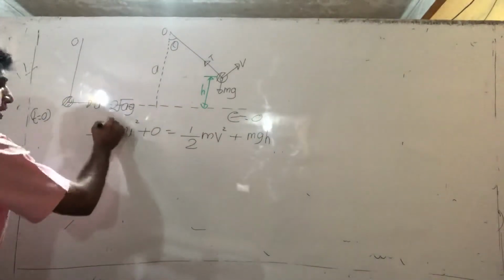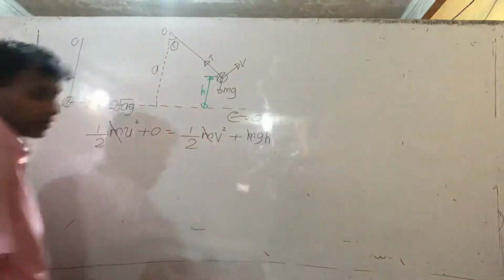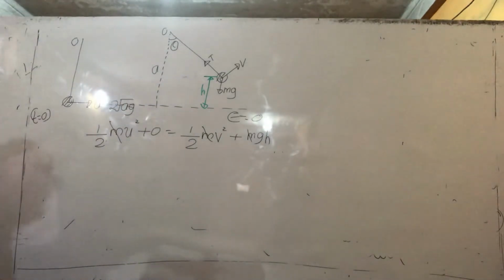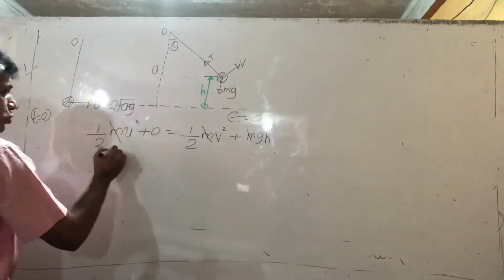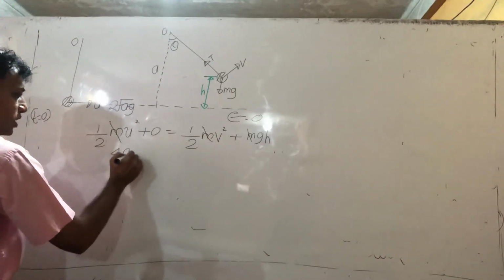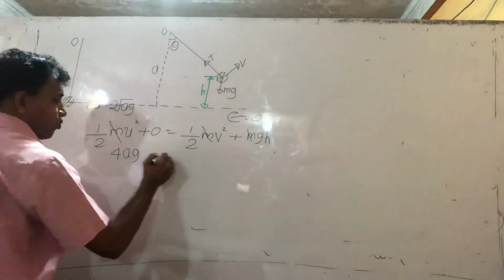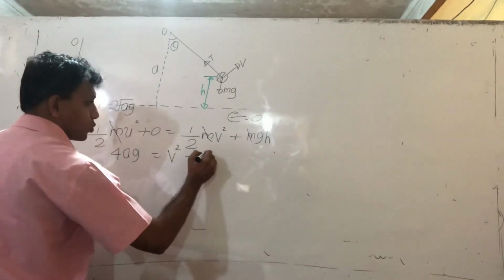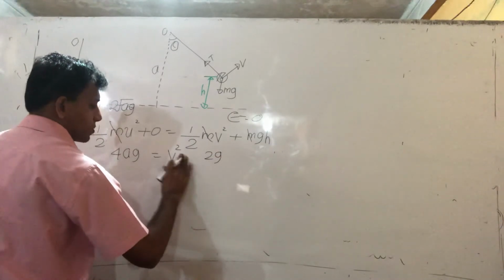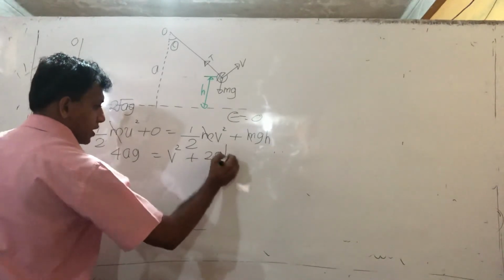Now I can cancel m, multiply by 2 and solve it. You can write the u square answer also. What is u square? 4ag. Multiplying by 2, v square equals 2gh plus 2gh.